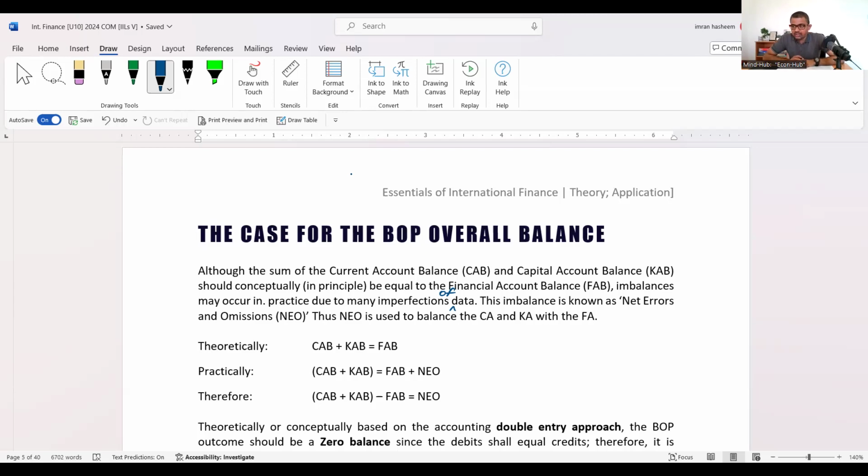So theoretically, CAB plus KAB should equal FAB. Practically, CAB plus KAB will equal FAB plus the net errors and omissions adjustment. So the net errors and omissions is the difference: CAB plus KAB as a total minus the financial account balance equals net errors and omissions.